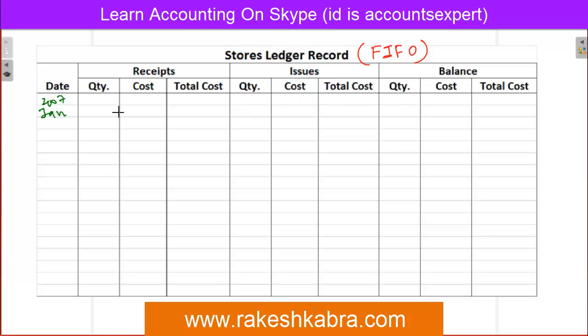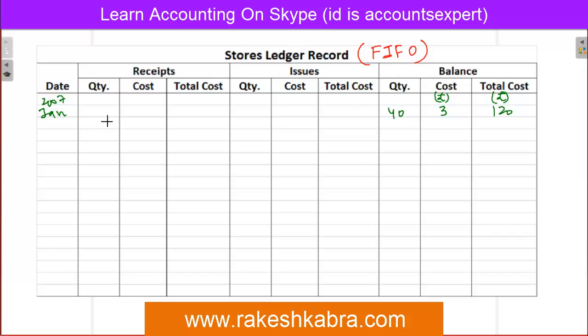So I will show that opening inventory here. We already have a balance: 40 units quantity, and the per unit cost is £3. So what is the value? 40 units multiplied by 3, so the value is £120. No receipt, no issue. This is the opening inventory.